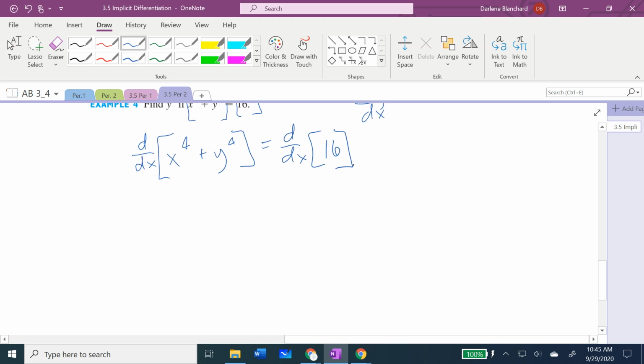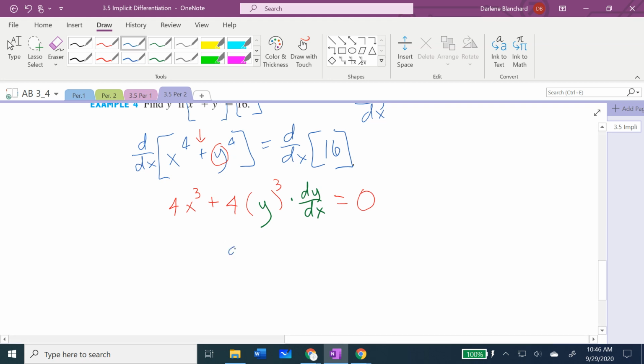Using the sum rule, I can take the derivative separately over the addition, and that gives me 4x cubed when I differentiate with respect to the x variable, plus, and then I need to take the derivative of blah cubed, which would be, according to the power rule, 4 blah cubed, according to the chain rule, give mommy her baby and multiply by the derivative of that baby with respect to x. And then keep going, equals, and then the derivative of 16 is 0.